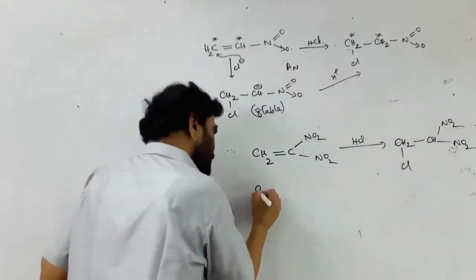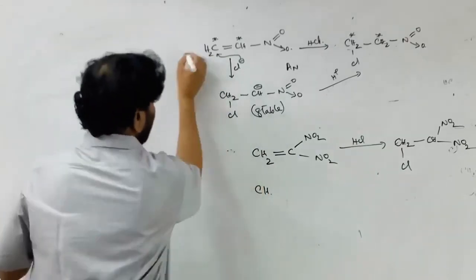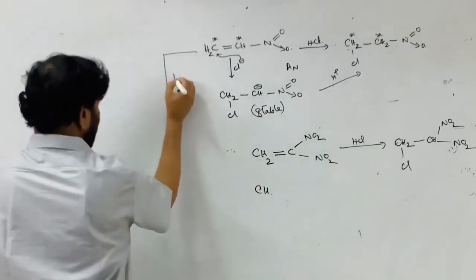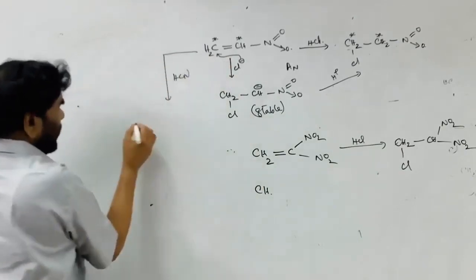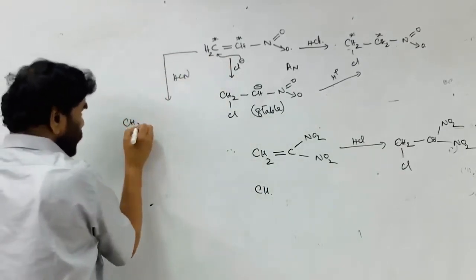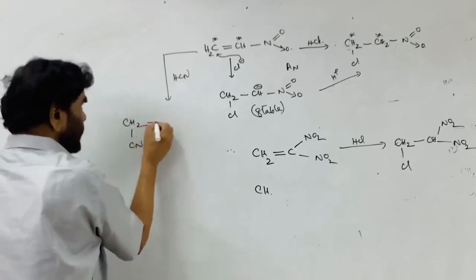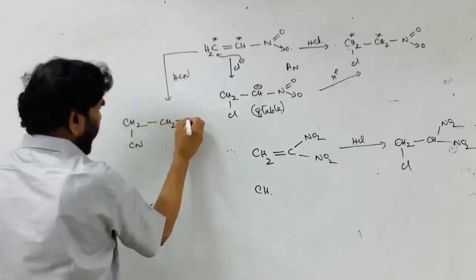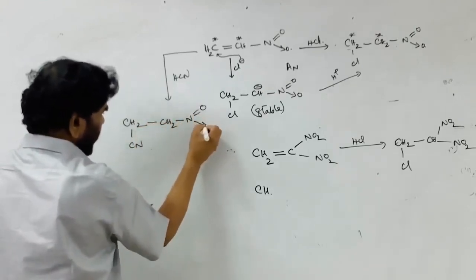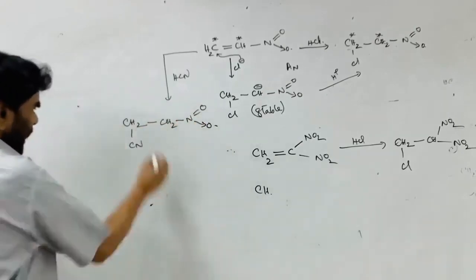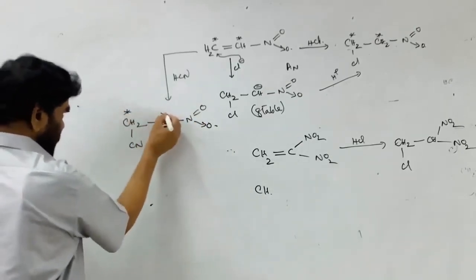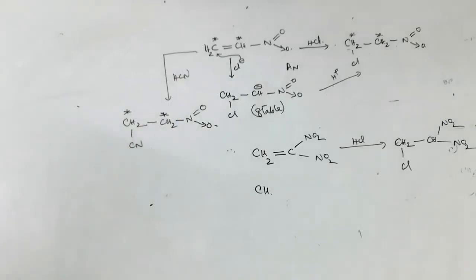Or you take the same nitroethene and treat it with HCN, hydrogen cyanide. CN is added to this CH2, N double bond O. The nucleophile is added here. Addition takes place against the Markovnikov rule.